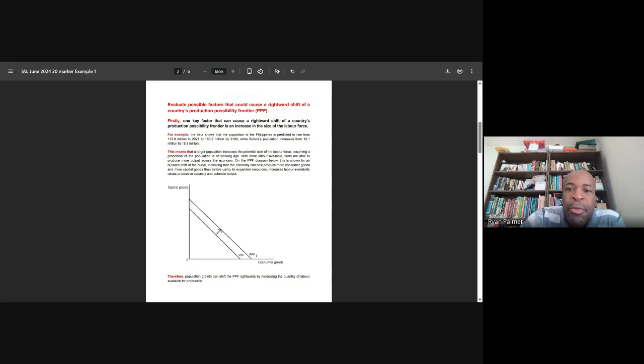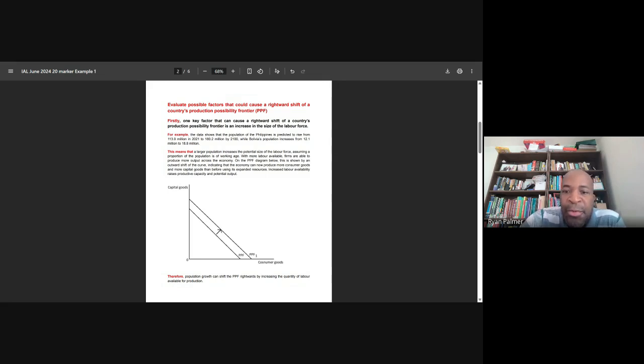So next, with more labor available, firms are able to produce more output across the economy. So an increase in the population size leads to an increase in the labor force. An increase in the labor force will lead to an increase in production.